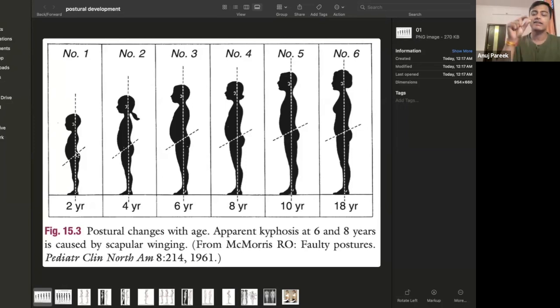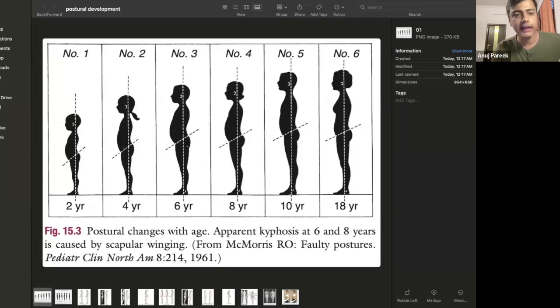A slight bend in your knees. If you remember, I always keep saying micro bend your knees. Always keep your knees slightly bent. It's not because you cannot bend fully, and it's not because your hamstring is tight. It is to absorb the shock. This is one of the reasons.